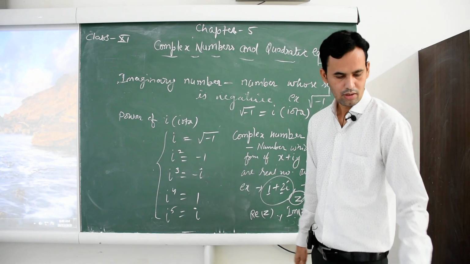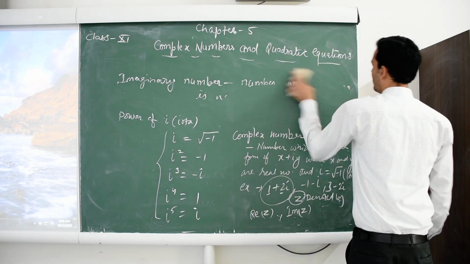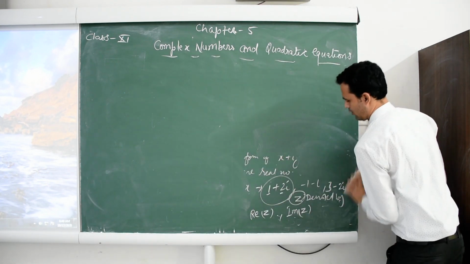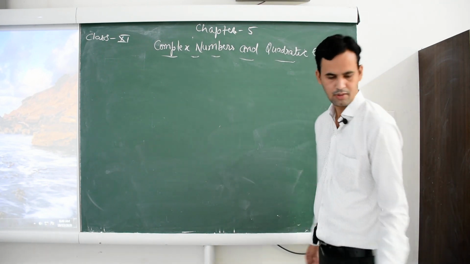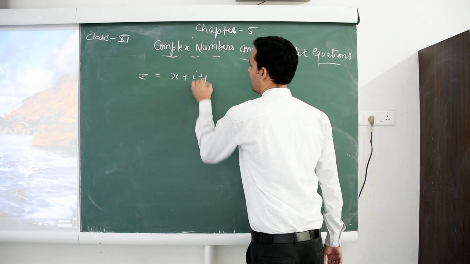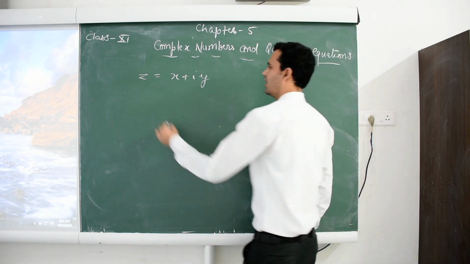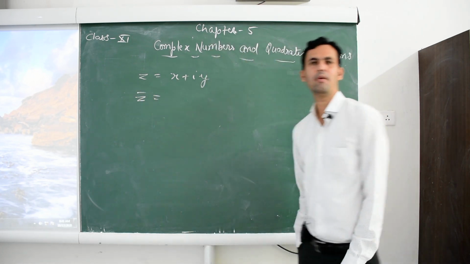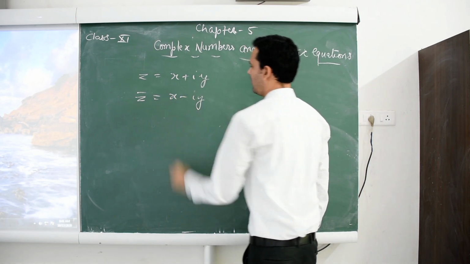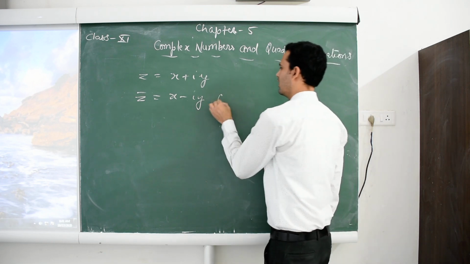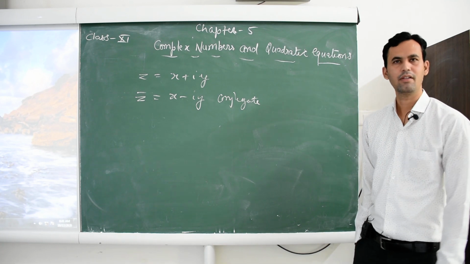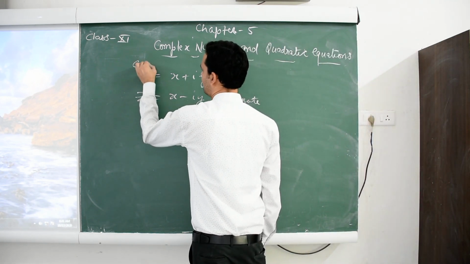Now next is the conjugate of a complex number. If we have z equals x plus iy, then the conjugate is written as z bar, and changing the sign of the imaginary term gives the conjugate.